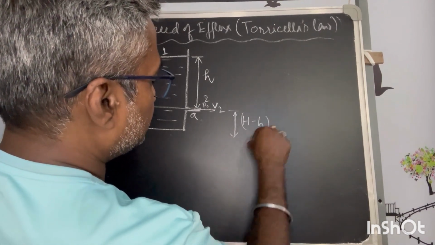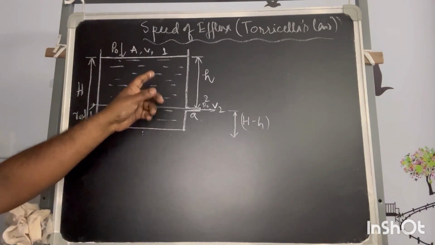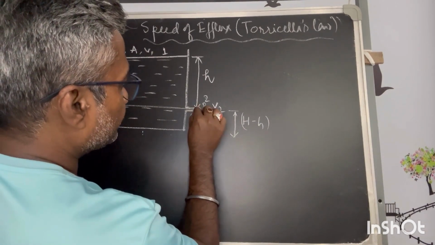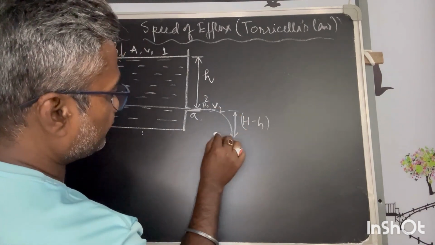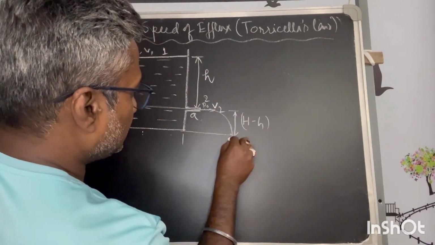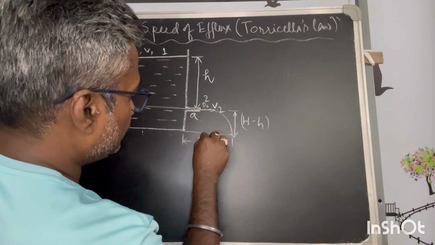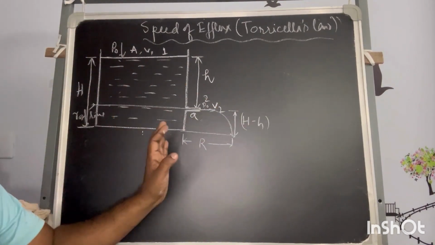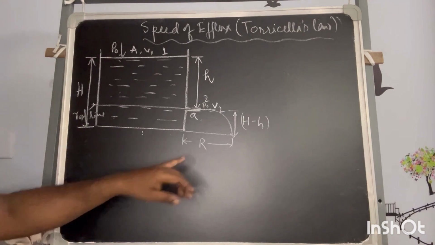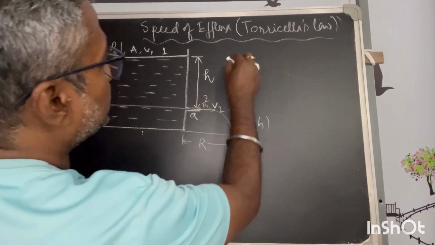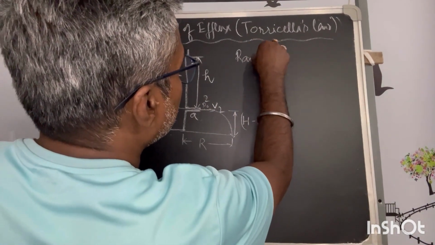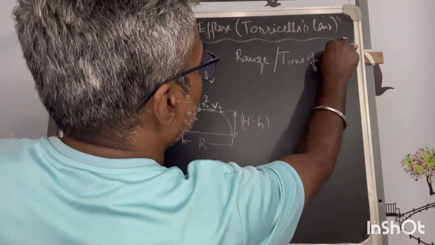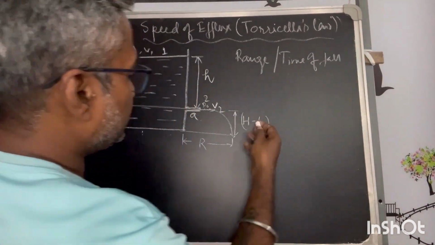This can also be related to some extent with this motion, and when the water flows, after some time it will definitely come down and move some distance, not near the tank, but some distance away from the tank. So this is the range. So there are two things, range and time of fall.